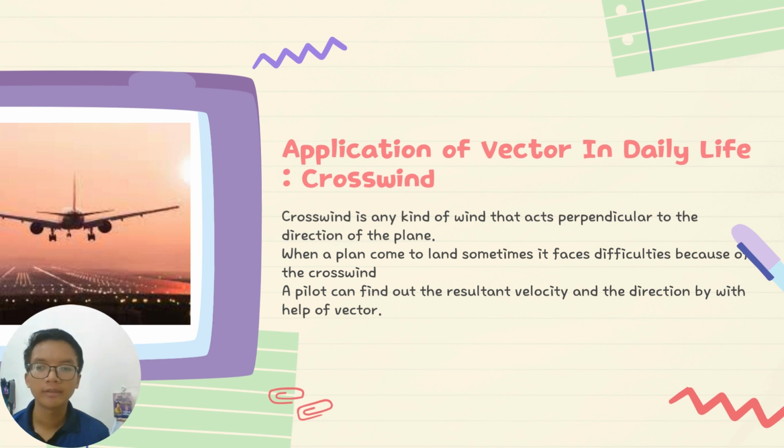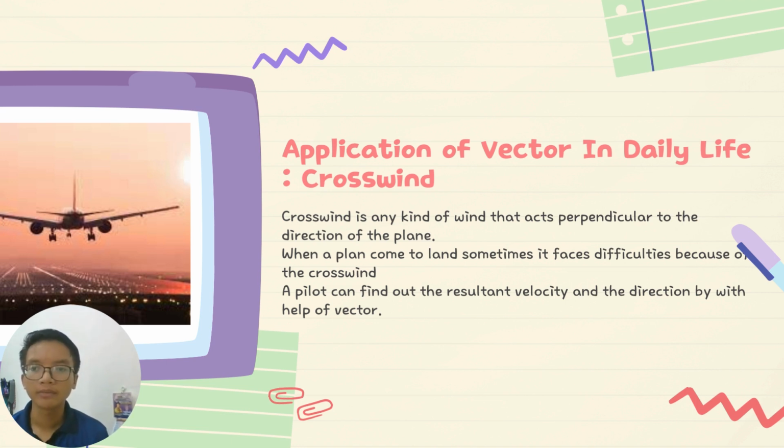Last but not least, the application of vector in terms of crosswind. Crosswind is any kind of wind that acts perpendicular to the direction of the plane. When a plane comes to land, sometimes it faces difficulties because of the crosswind. A pilot can find out the resultant velocity and also the direction with the help of vector.